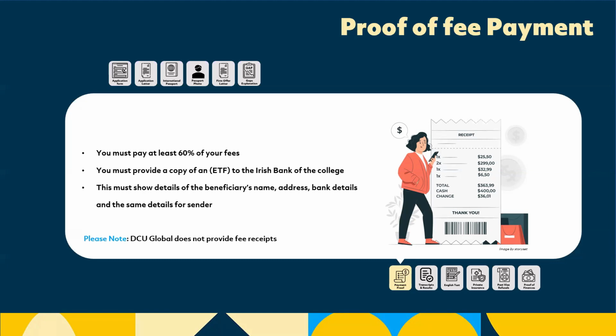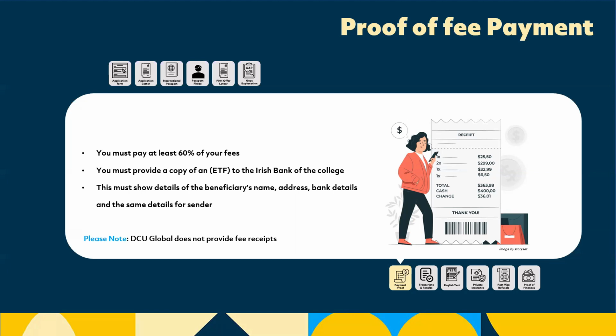That receipt is one of the documents that you can take with you to prove that you have paid the fees. Additionally, you need to be able to show bank statements, and I'll go into detail about that in subsequent slides. You need to show a bank statement where the fees were sent from as well. Okay, you must show details of the beneficiary's name, address, bank details, and the same for the sender as well.